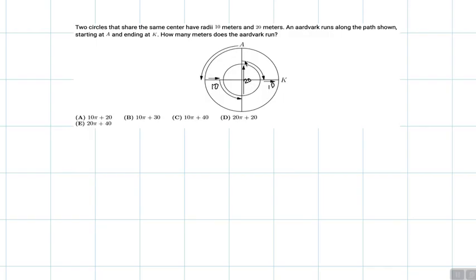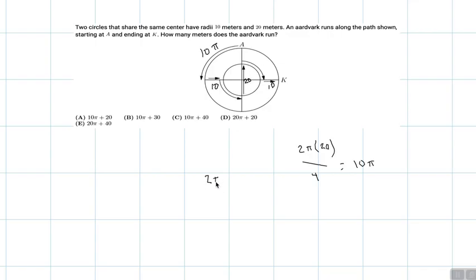We just need to calculate circumference of this larger one. So that's 2 pi times r, and we're going to divide that by 4. R in this case is 20. So 40 pi over 4, 10 pi. So this is 10 pi. And then it does this twice.